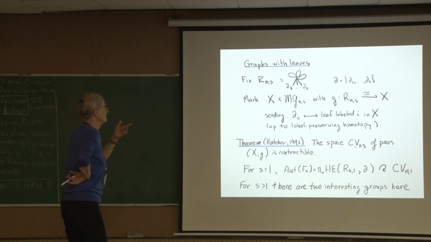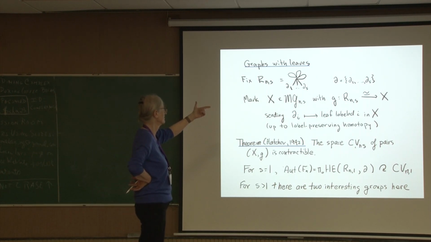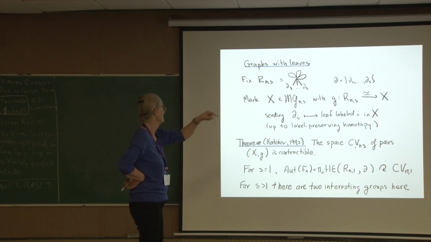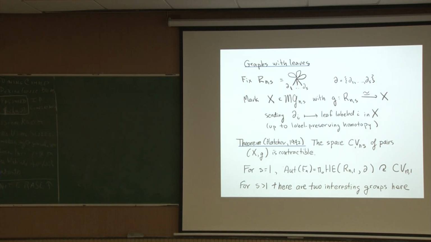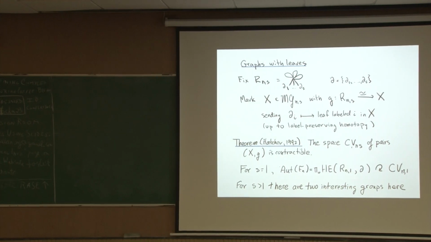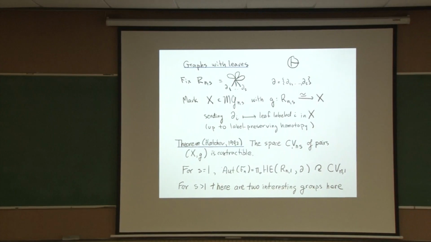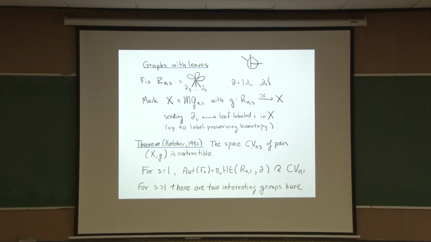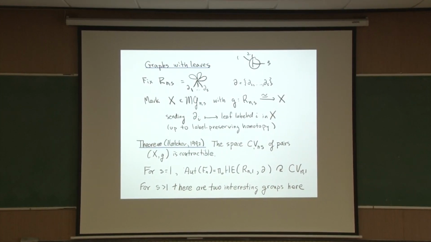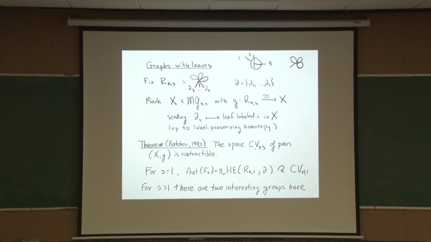And I mark a graph with leaves with a homotopy equivalence from this guy to my X, but I have to send the leaves to the leaves. So if I have a graph with leaves labeled 1, 2, 3, my homotopy equivalence has to send boundary 1 to 1, boundary 2 to 2, and boundary 3 to 3.